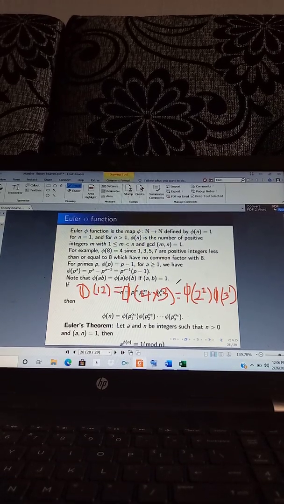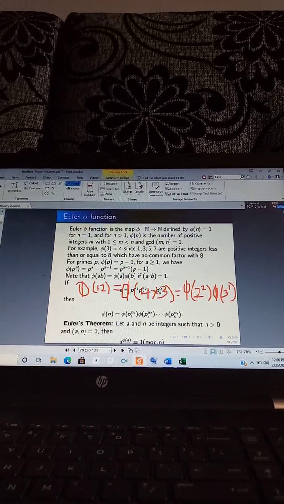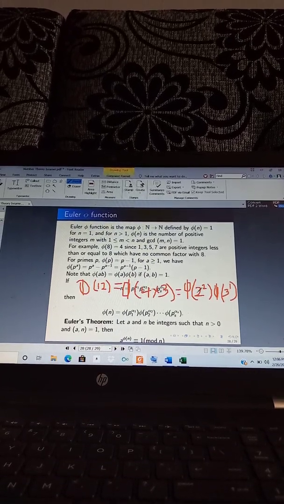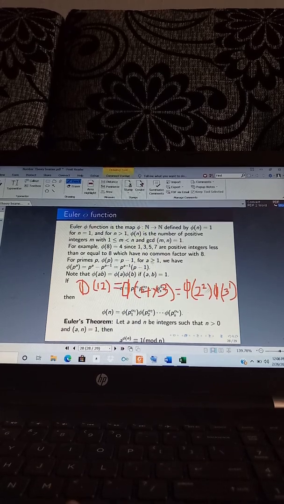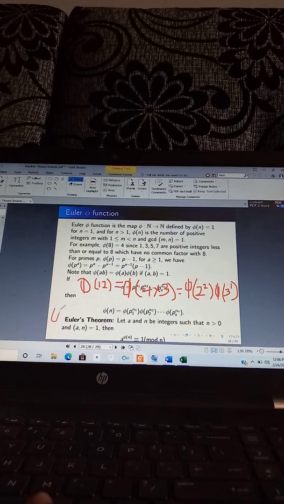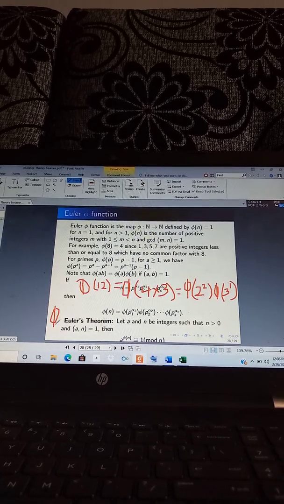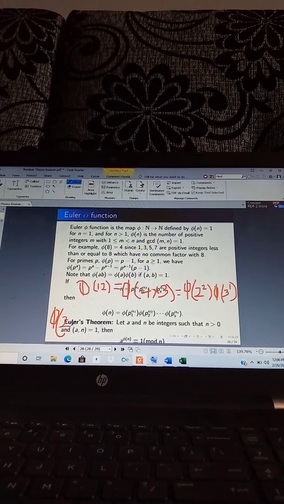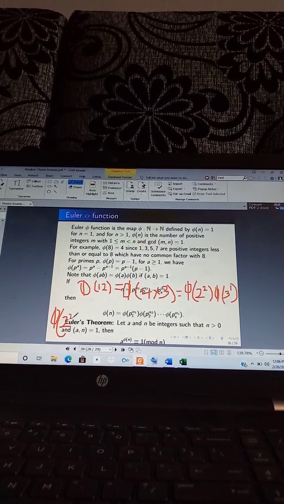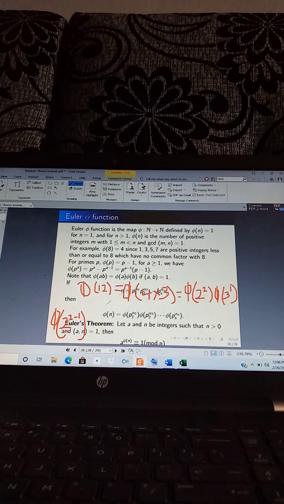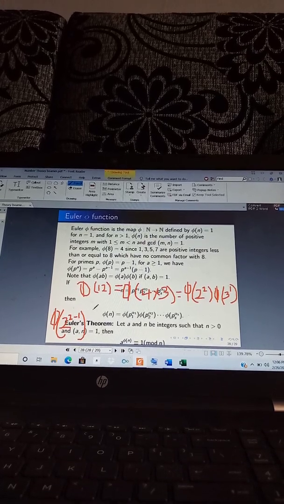And we can see that this and this are prime powers, so we can use this formula. For the first one, our p will be 2 and our a will be 2. So we are going to have 2 raised to power 2 minus 1, multiplied by p minus 1, that's 2 minus 1.